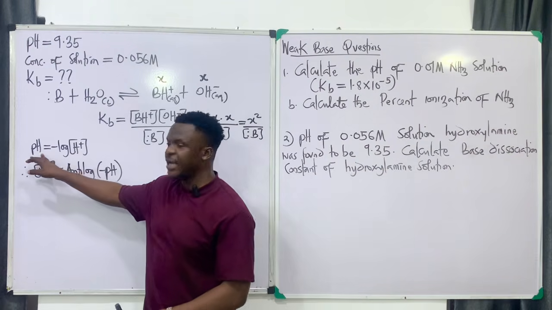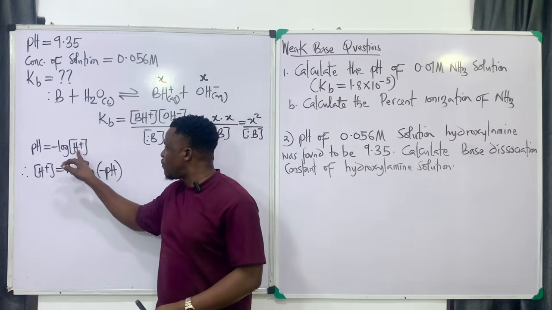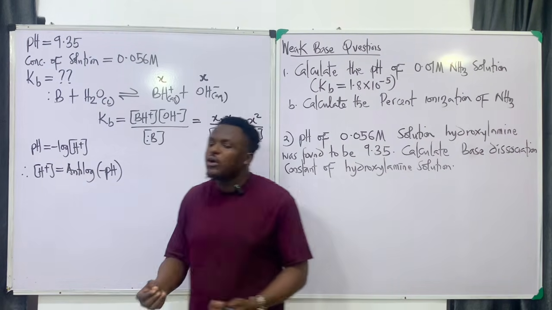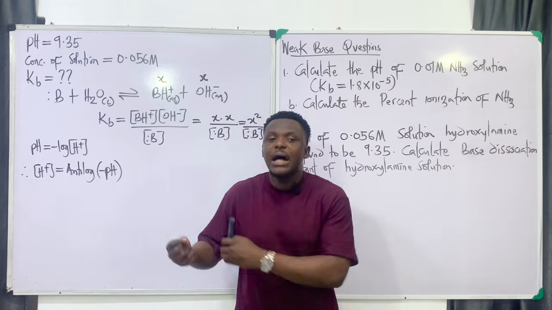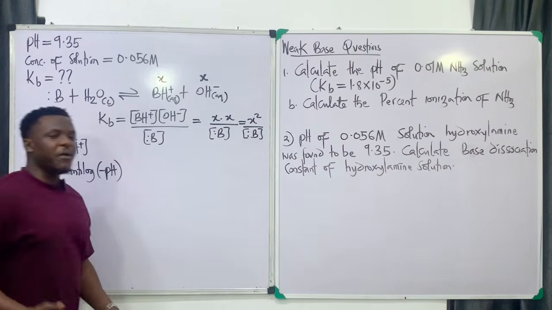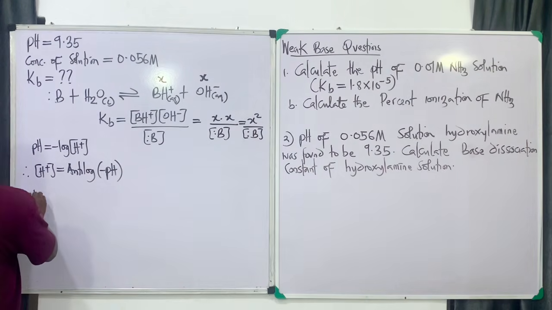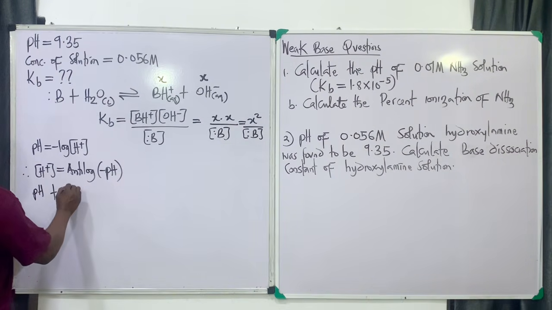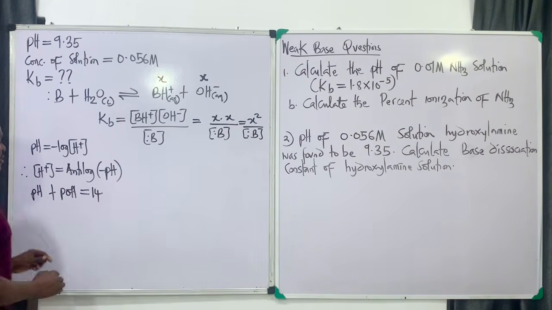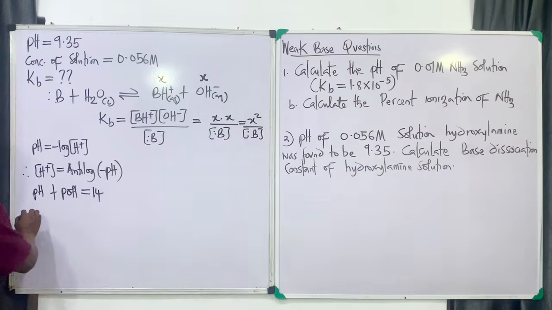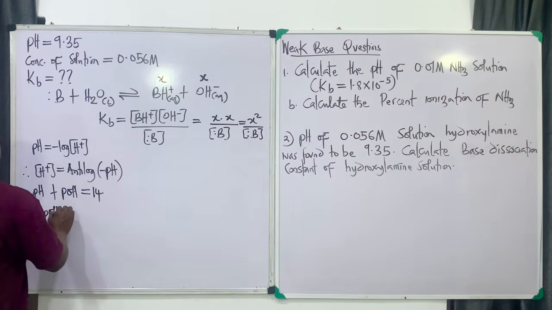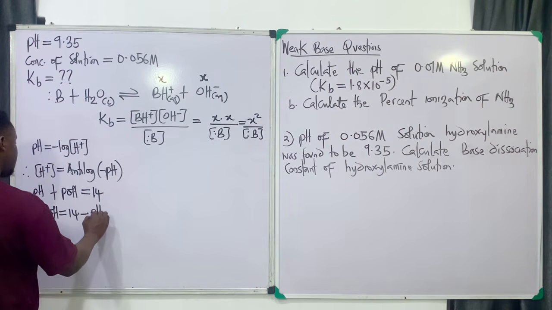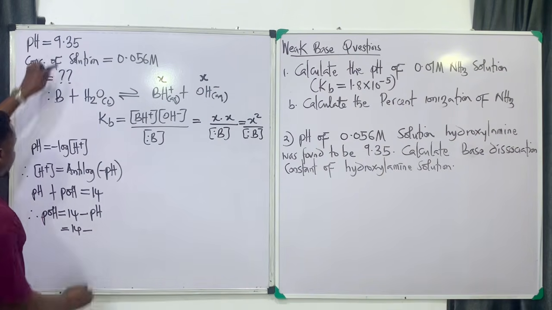So them giving us pH, we can solve for H plus directly, but we do not need H plus. So how do we get our OH minus? For me to get my OH minus, I will say pH plus pOH is equal to 14. So pOH is 14 minus pH, which is 14 minus 9.35.